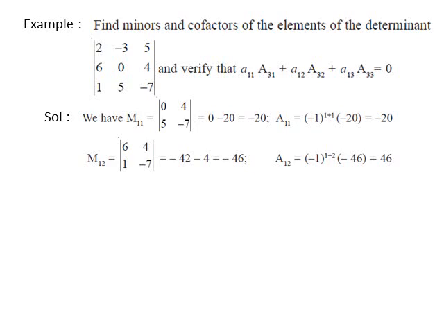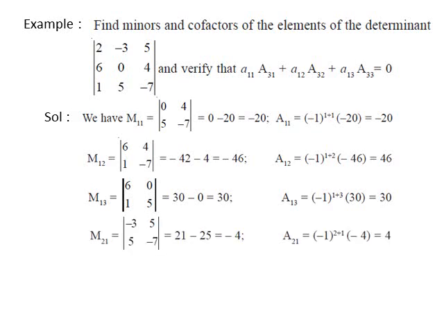For cofactor a12, we multiply M12 by position sign of element a12, that is minus 1. So cofactor a12 equals 46. Following the same procedure, we can calculate minor M13 equals 30 and cofactor a13 is also equal to 30.